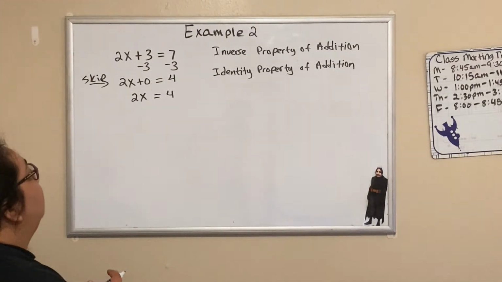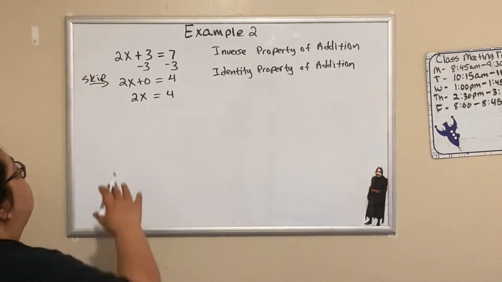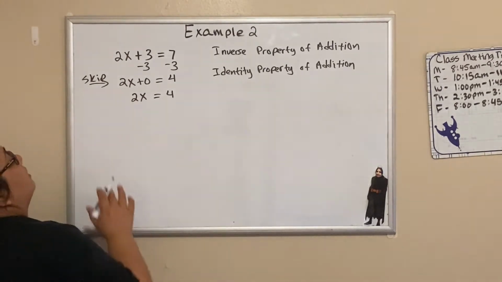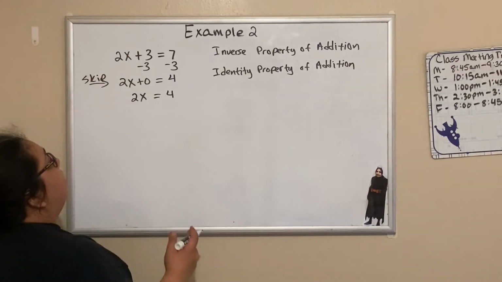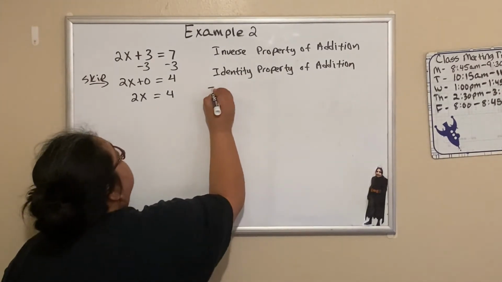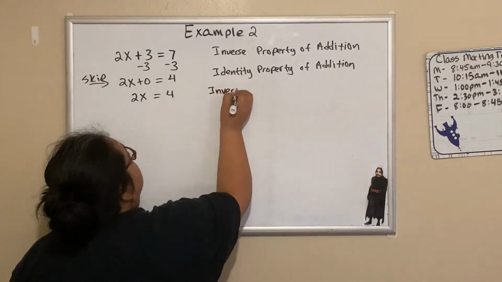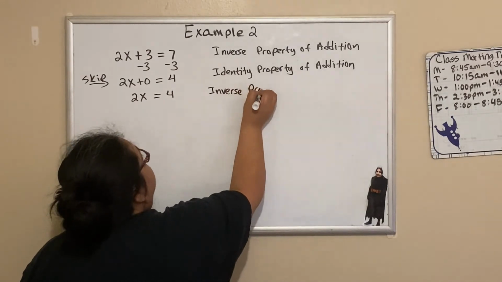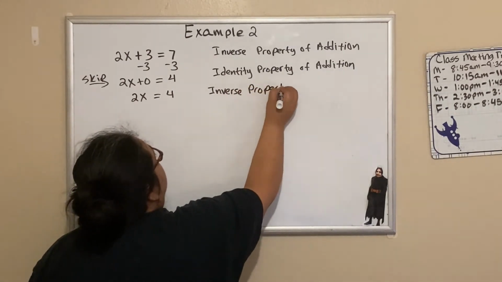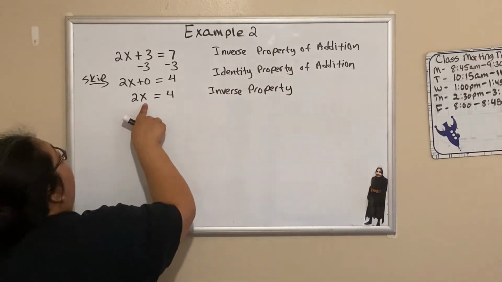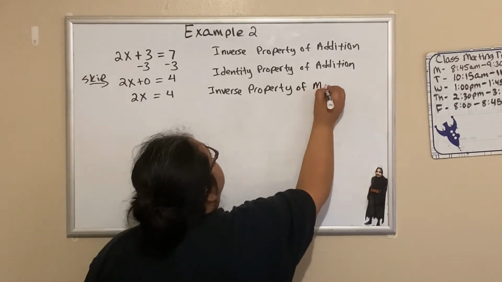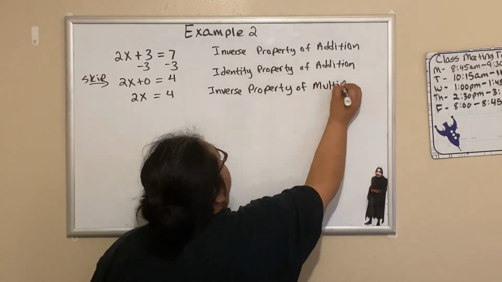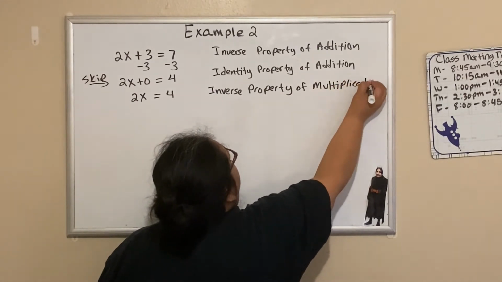Okay. Now, we have 2. This is 2 times x equals 4. So I need to use another inverse property. And since this is 2 times x, I need to use the inverse property of multiplication.